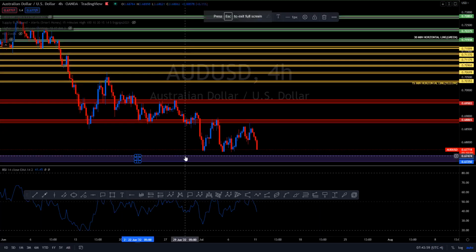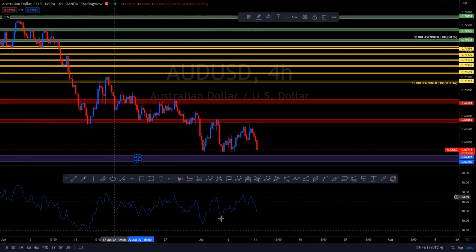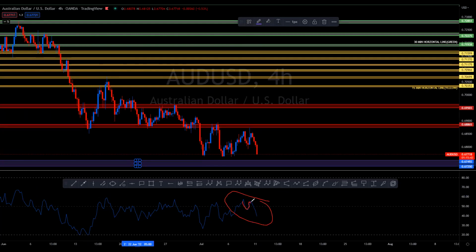So now that we've done that, the very next step is identify the overall trend on the 4 hour time frame. And so we could clearly see that price is trending downward. You can even see it on the RSI here. Price is just clearly trending down. Lower low, lower high, and then just pushing down. And you can see it throughout here.